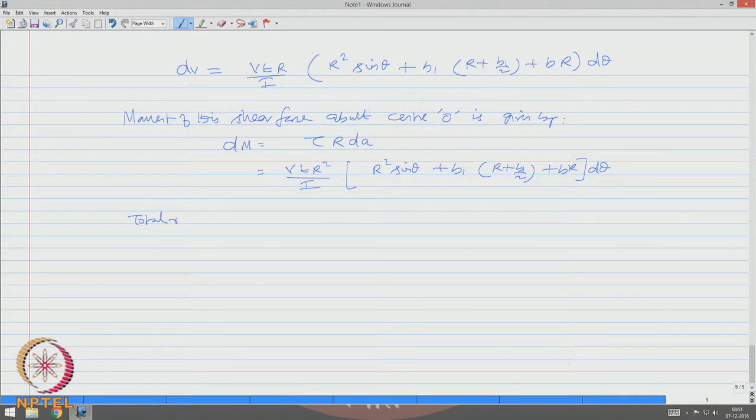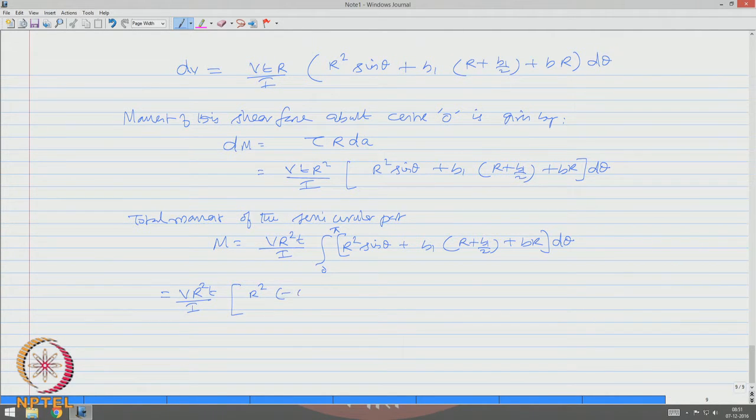Now, the total moment of the semicircular portion will give me m as v r square t by I integral 0 to pi of r square sin theta plus b 1 of r plus b 1 by 2 plus b r, d theta, which gives me v r square t by I, r square times minus cos theta plus b 1 of r plus b 1 by 2 plus b r times theta, varying 0 to pi.